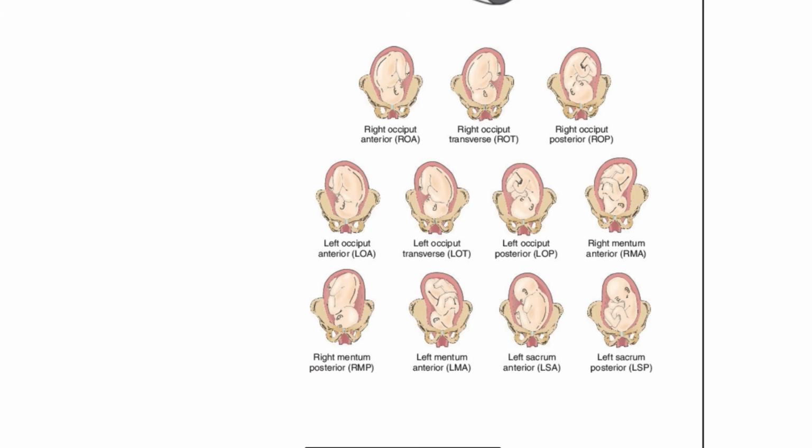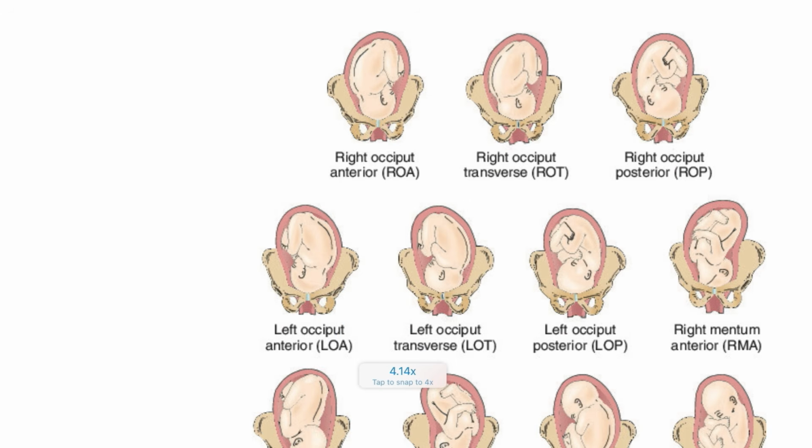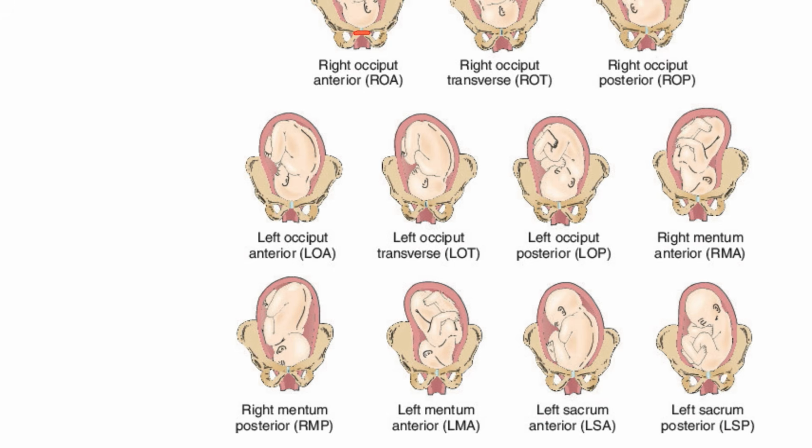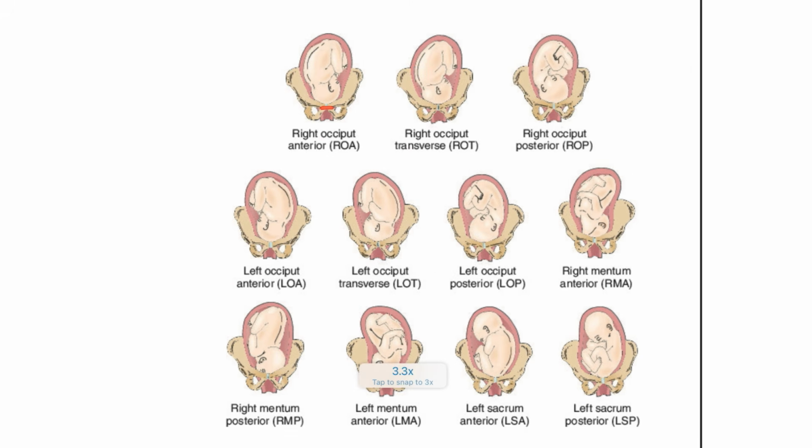Next, here you can see the different types of presentation that the baby can have. The front is anterior and the back side, the sacrum, is posterior. Here the baby is looking to the right side, so this is the right occiput anterior position.